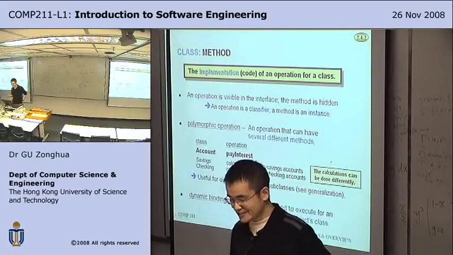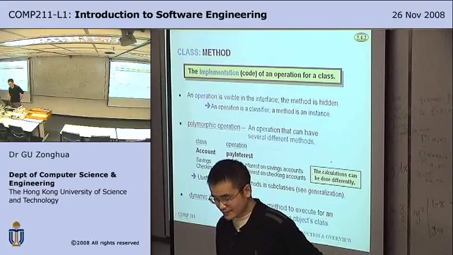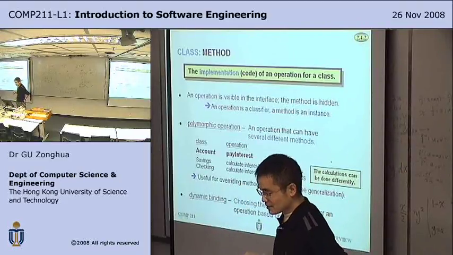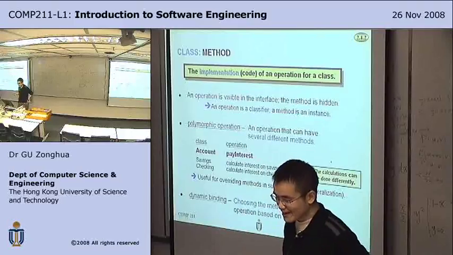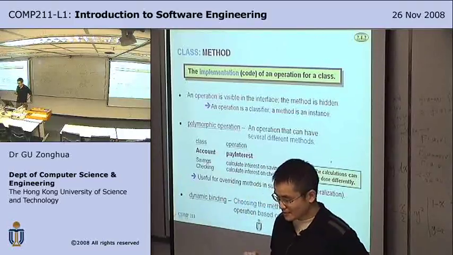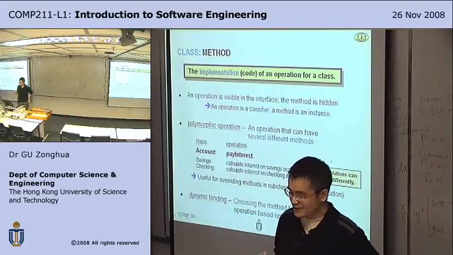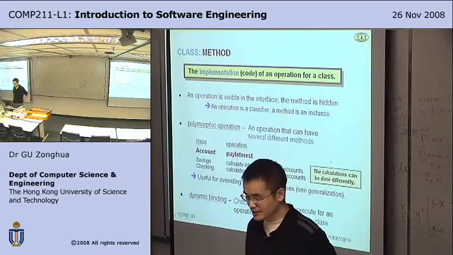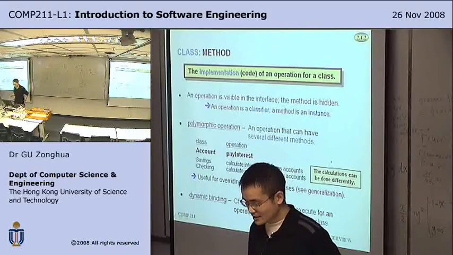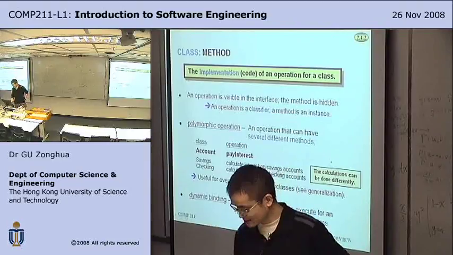If you learn C++, you should know that dynamic binding is when you have a pointer of type account and you invoke the operation on this pointer. The actual method invoked depends on the actual type of the object, not the compile-time static type. It's a dynamic type.